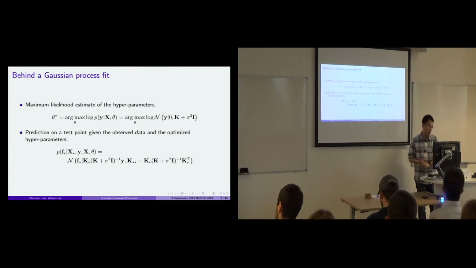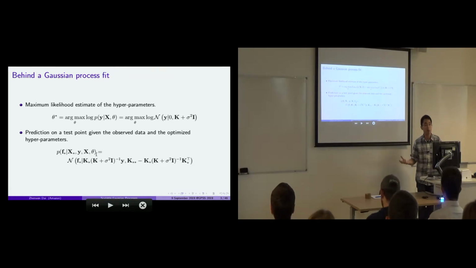For the particular case of a Gaussian process with Gaussian noise distributions, this prediction is a closed-form distribution, which is exactly a multivariate normal distribution with a particular structure of mean and covariance matrix. You will see this kind of pattern again and again. The general pattern basically comes from the conditional multivariate normal distribution.